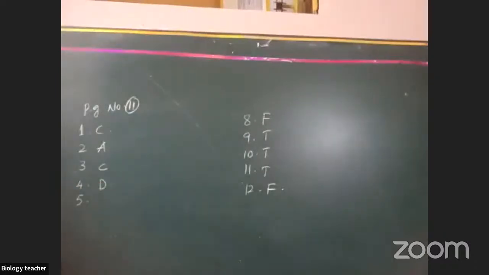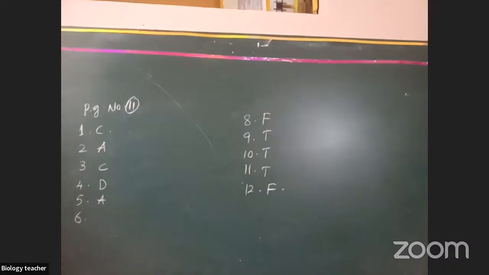Next one. Plasmolysis in a plant cell is defined as breakdown of plasma membrane in hypotonic solution. A. Sixth one. The undefined nuclear region of prokaryotes is known as nucleoid.